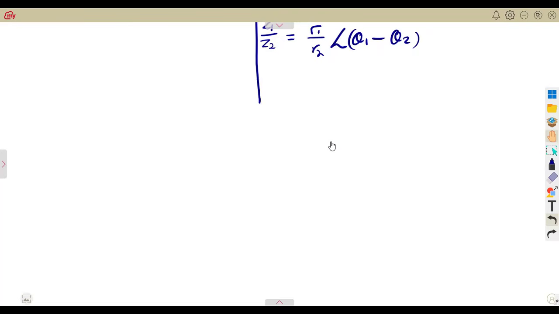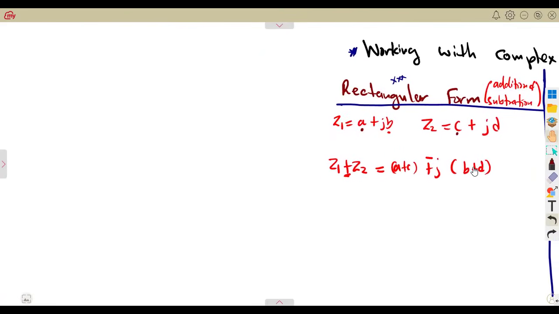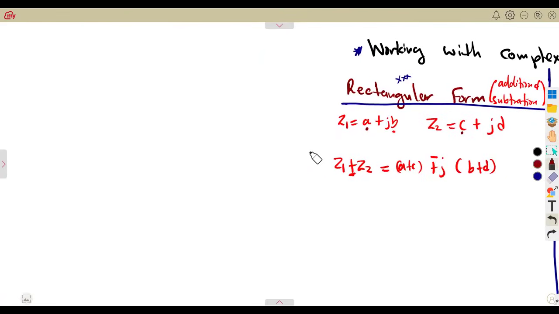Like I said, it is important for us to multiply in polar form. So we just need examples where we can apply this concept. All right, let us just consider addition and subtraction.